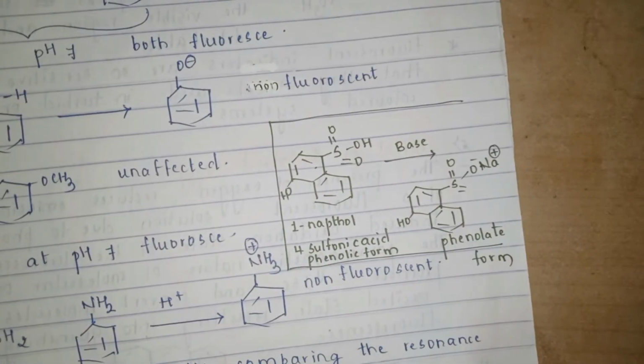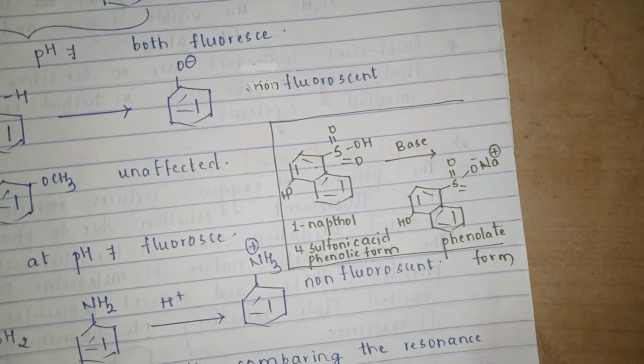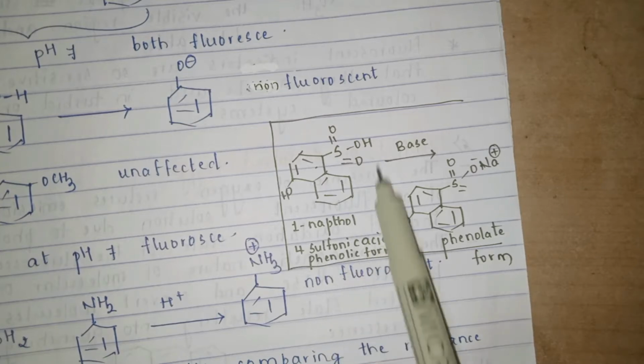So where can we use this particular system? That means where can we apply this effect of pH? Now, fluorescence of certain compounds has been used for the detection of endpoints in acid-base titration. An example of this is the compound 1-naphthol 4-sulfonic acid, which is in its phenolic form.